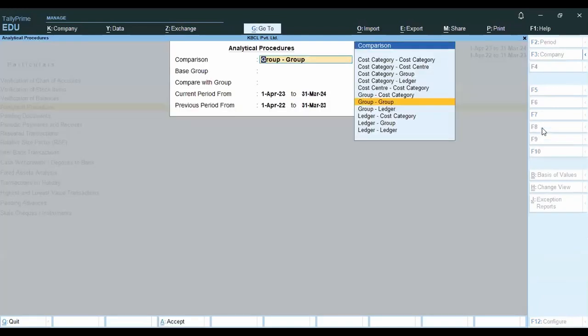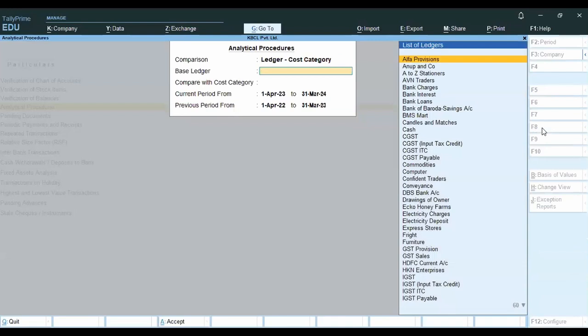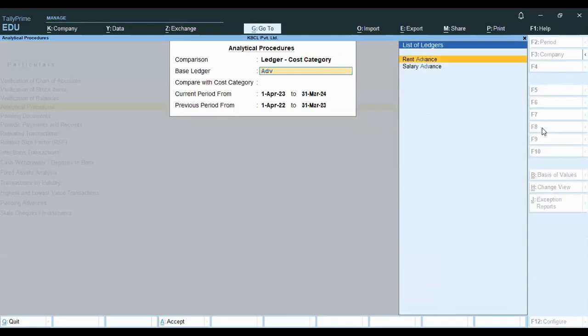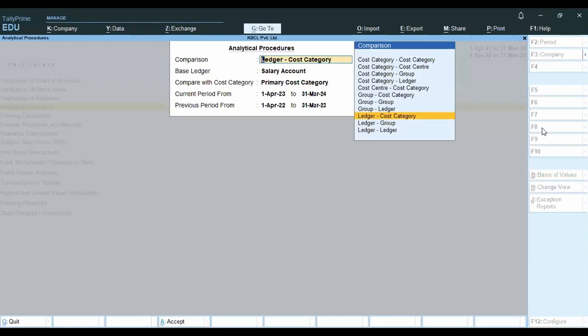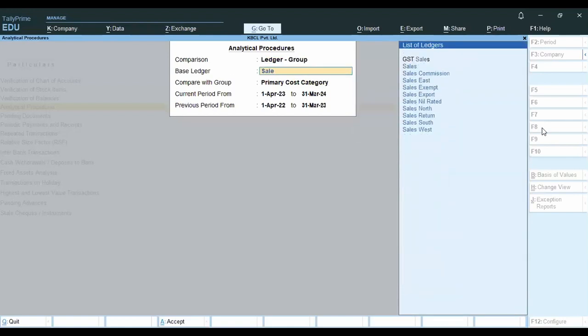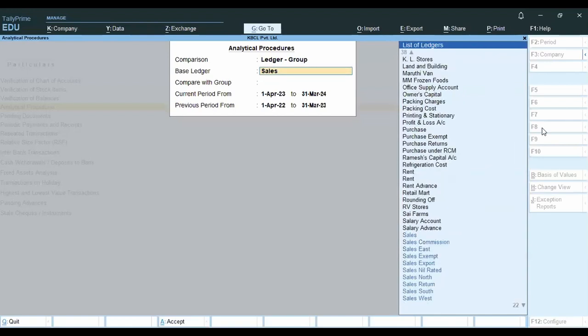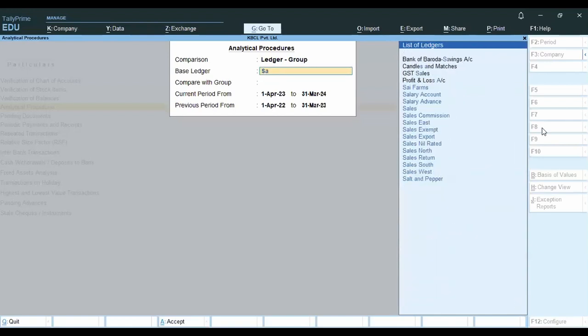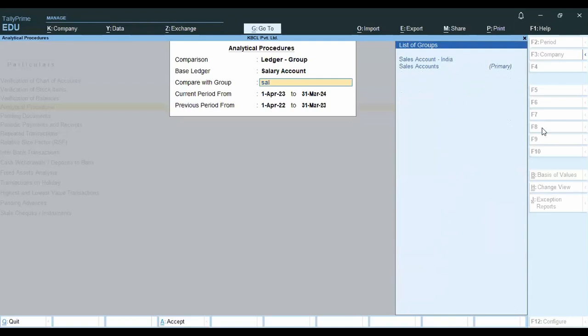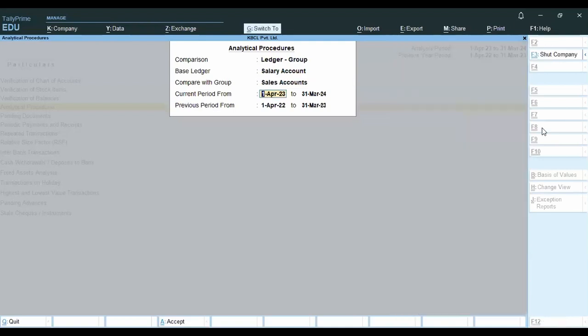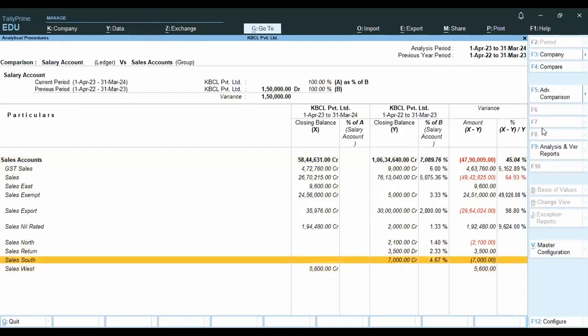Then analytical procedure. This is about ratio analysis. Many times we want to do ratio analysis. Say I want to compare the salary expense with the sales. It will show me the ratio of salary with sales.